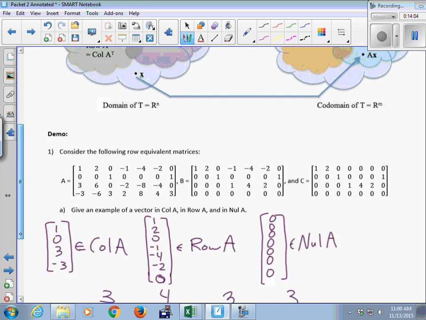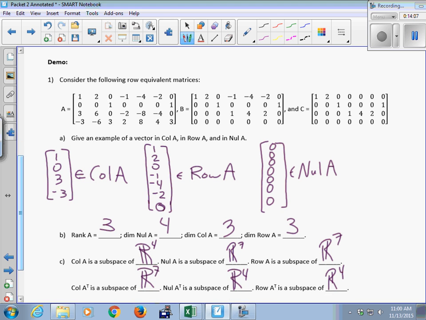So if you remember from last class, you have to identify the pivot columns, right? So we can find the pivot columns here, here, and here, first, third, and fourth.